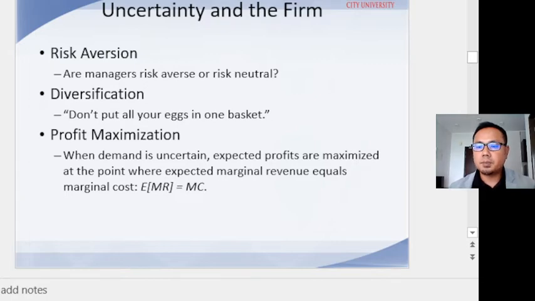And then the second point you can see from here is diversification. It is normal for a manager to make decisions that can manage risk wisely.